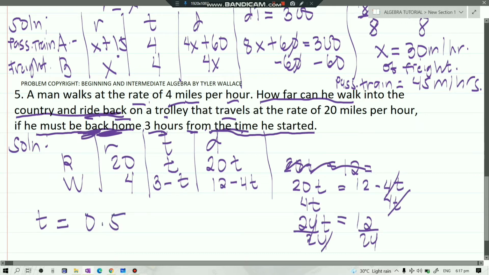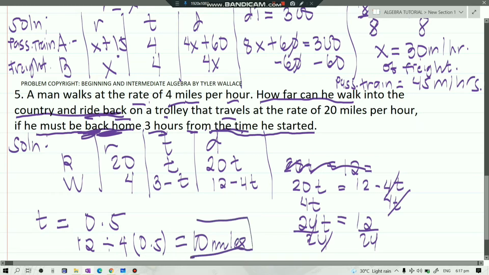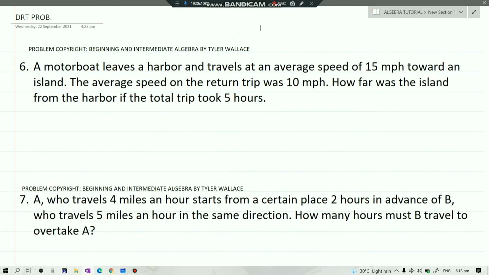Okay, or 1/2. And yung walking distance niya, so that is 12 divided by 4 times 0.5. So, that is 10 miles. So, ito yung ating answer. Okay. So, ang walking distance is 10 miles.